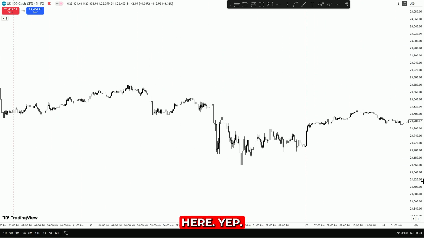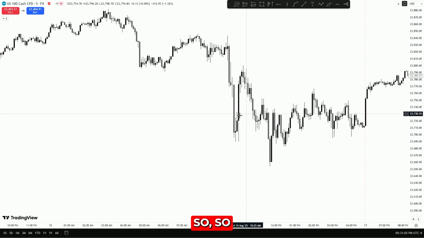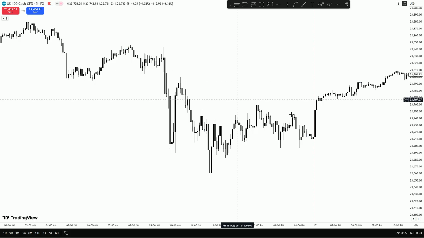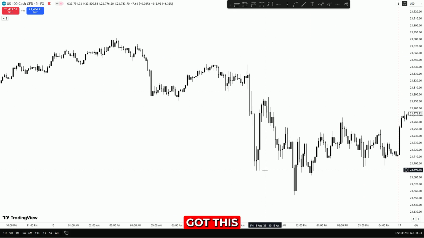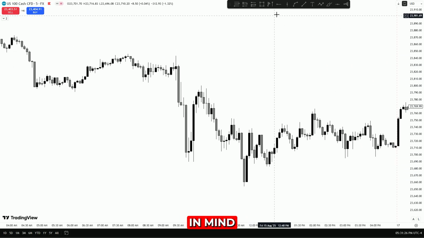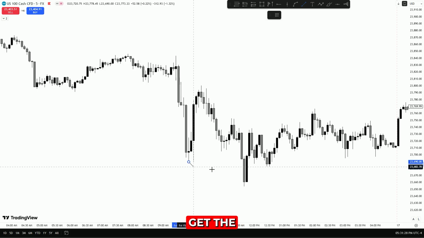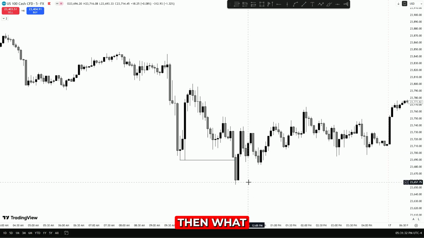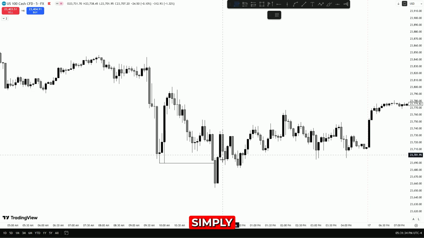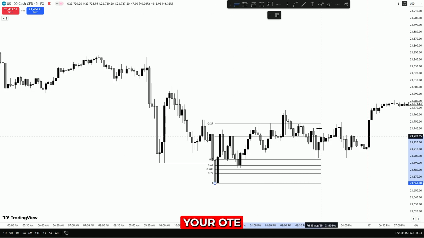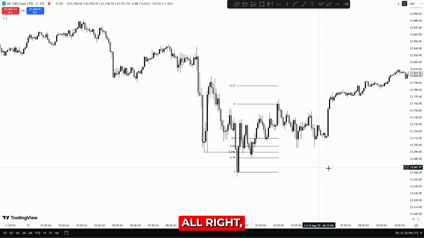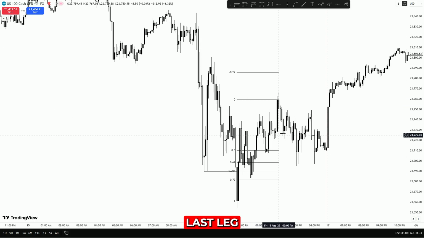Let's move over here. If you see, we have this moving trade, and keep in mind, sometimes you're going to get equal lows. You're going to wait for these equal lows to get swept, and then you can simply place your OTE over here. This is your OTE, this is your last leg.